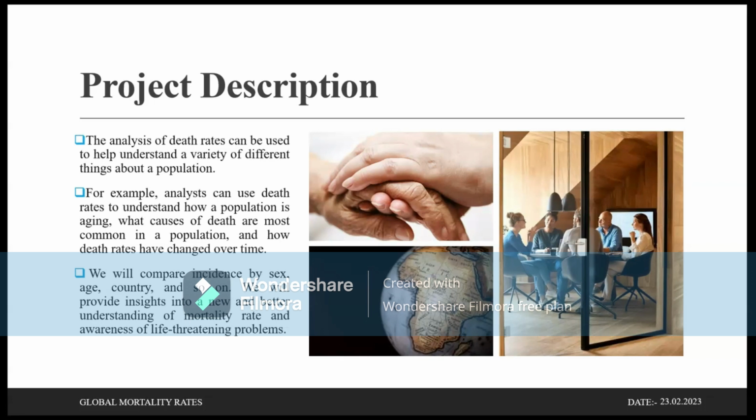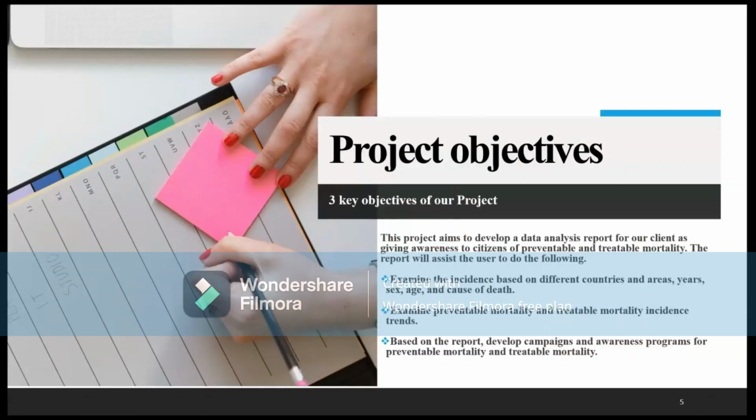For example, analysts can use death rate to understand how a population is aging, what causes of death are most important in a population, and how death rates have changed over time. We will compare incidents by sex, age, country, and so on. We will provide insight into a better understanding of mortality rate and awareness of life-threatening problems.